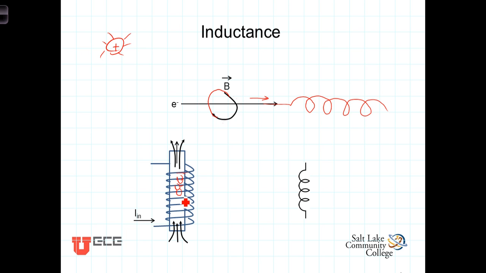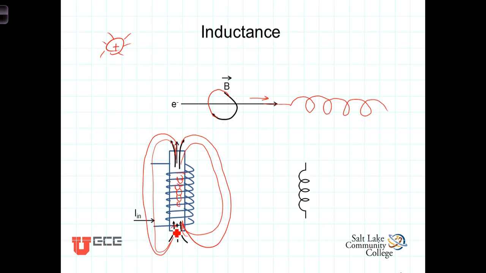By coiling them and laying the coils next to each other, you actually intensify or concentrate this magnetic field. The net effect is that you create a magnetic field that flows along the length of this coil. Sometimes these coils are called inductors, and the more coils you have, the greater the strength of the magnetic field.